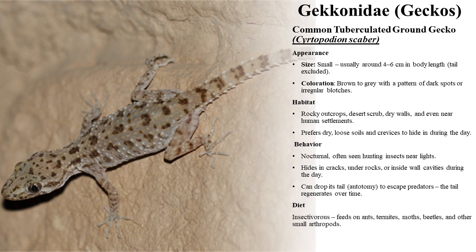Habitat: rocky outcrops, desert scrub, dry walls, and even near small settlements. Prefers dry, loose soil. Behaviorally nocturnal, often seen hunting insects near lights. Diet includes insects.